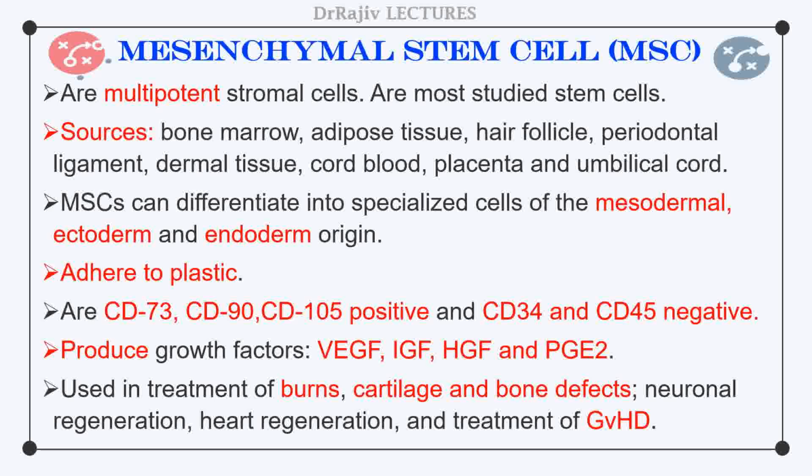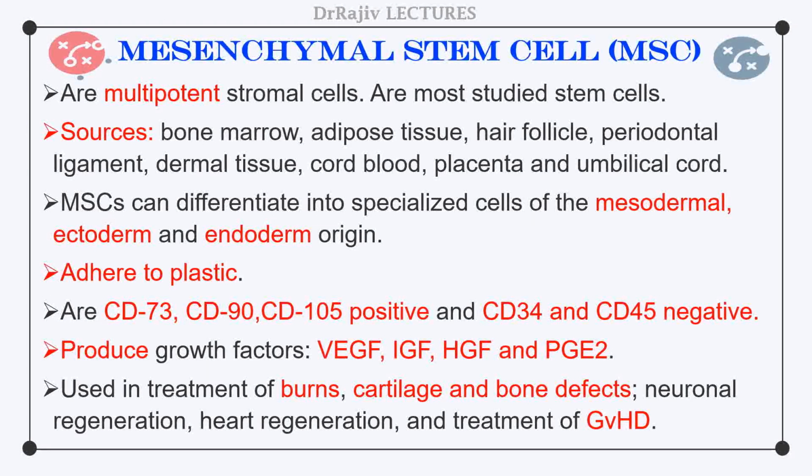Mesenchymal stem cells possess potent trophic, anti-inflammatory, and immunomodulatory properties due to their ability to produce growth factors such as vascular endothelial growth factor (VEGF), insulin-like growth factor (IGF), hepatocyte growth factor (HGF), and prostaglandin E2.